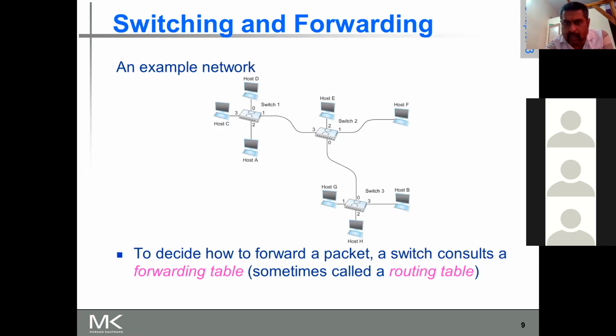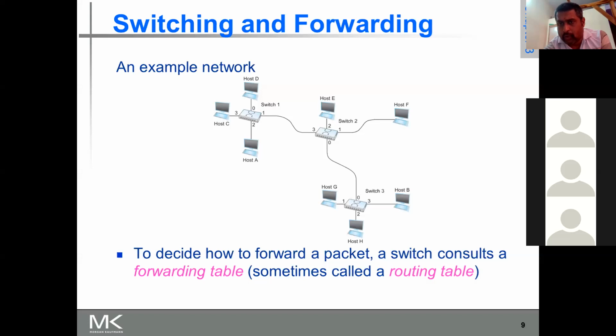Now observe carefully switch 2. Ports 0 and 3 are connected to other networks. They can be output ports or input ports: data can be received from other networks, and data can be transferred to other networks through ports 0 and 3.